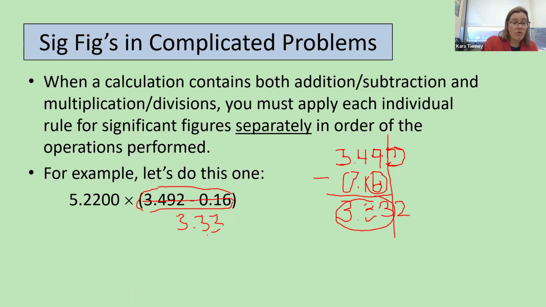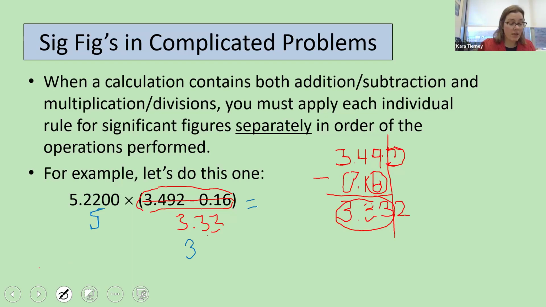So my rule for overall sig figs, and let me change my pen color here. 5.2200 has 5 significant figures, because when I add zeros at the end of a number, if there's a decimal present, they do count. I'm adding precision. 3.33 has 3 significant figures.